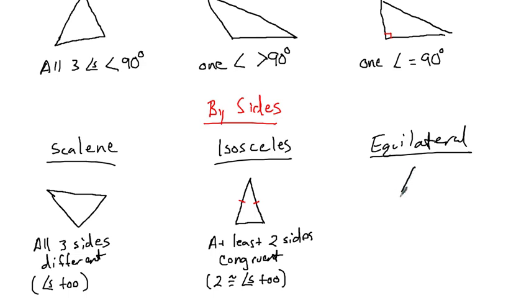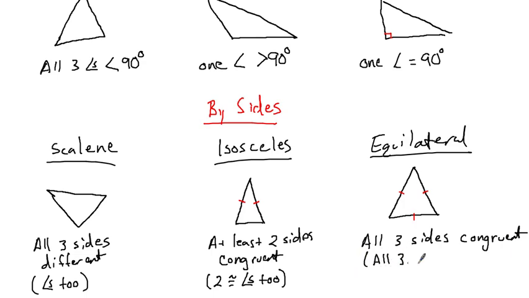And our last one is our equilateral triangle, and you probably know this one. It's going to have all three sides the same. So all three sides congruent. Also, it has all three angles congruent.